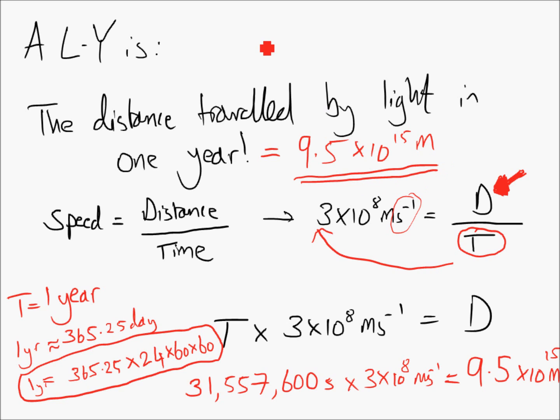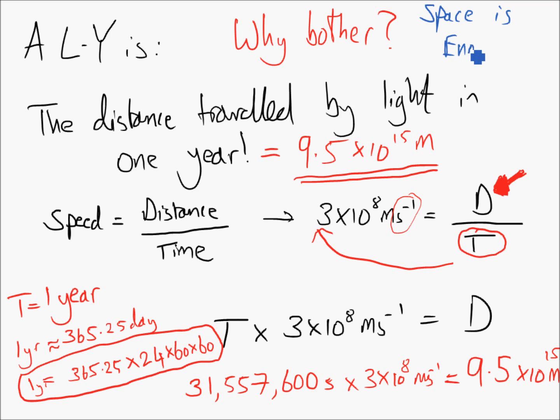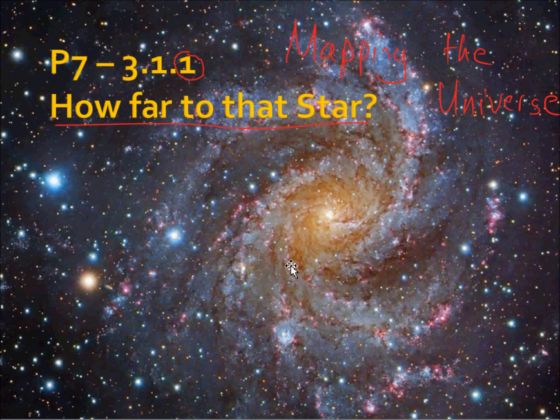Next question: why bother? Why do we need to bother using light years? Well, the simple reason is space is enormous. The distances between stars, in this picture of a distant galaxy, could be 4 or 5 light years.